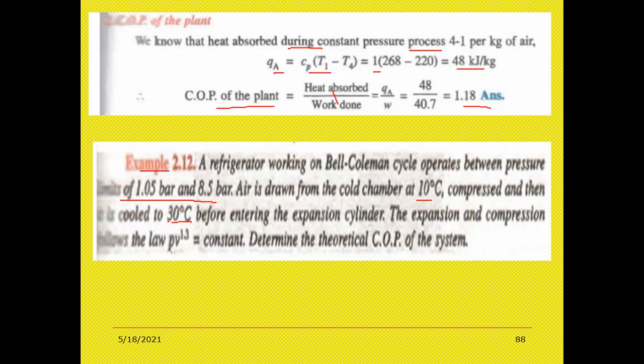So the cooler is here, that is T3 is 30 degrees. The expansion and the compression follow the law of P V to the power of 1.3 equal to constant. Determine the theoretical COP of the system.